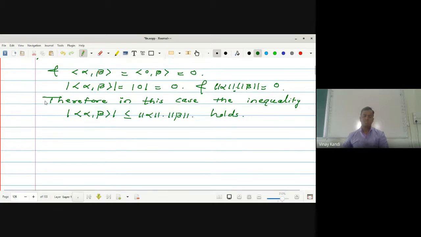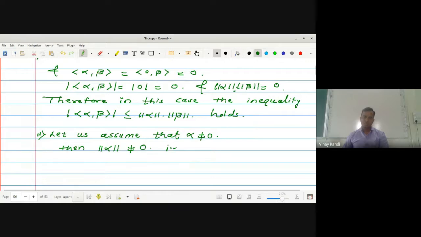Now let us assume that alpha is not equal to 0. Then the norm of alpha is not equal to 0.